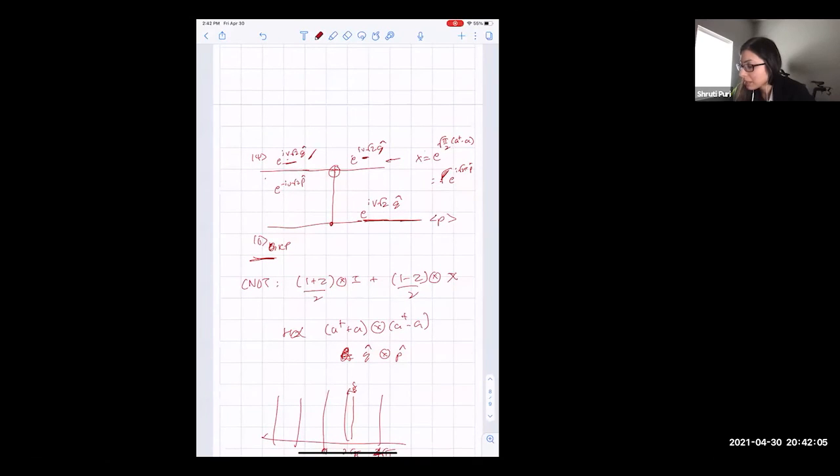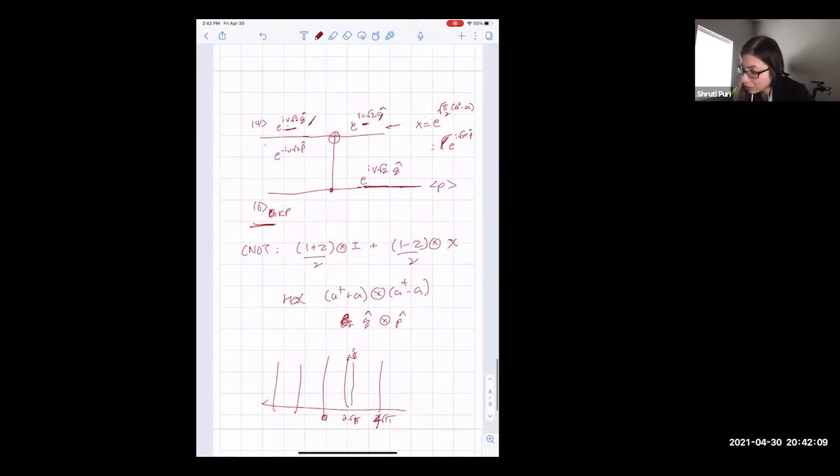Because this thing doesn't commute. In a regular qubit system, say you were measuring in your surface code, you have your four data qubits and an ancilla at the center. You do a control NOT gate between the data qubits and the ancilla at the center.